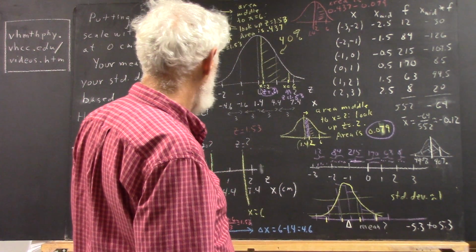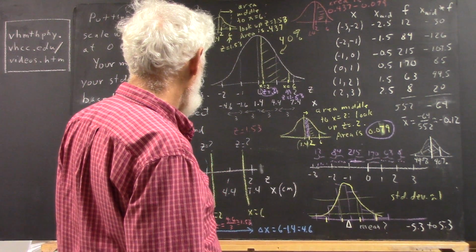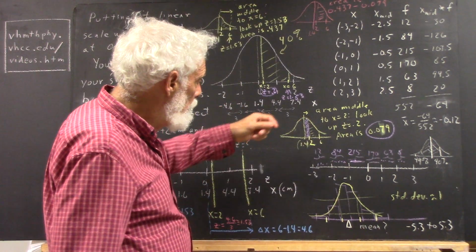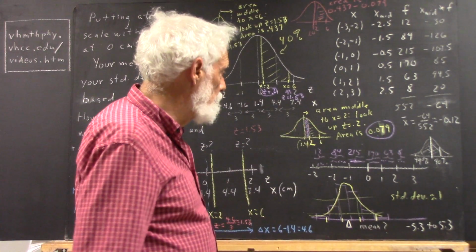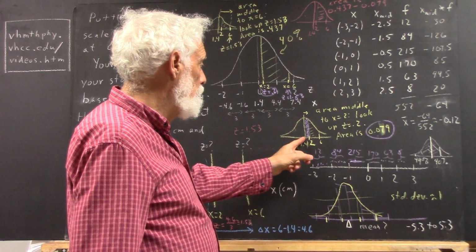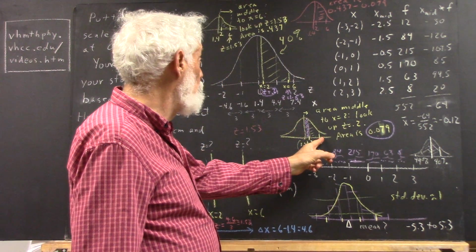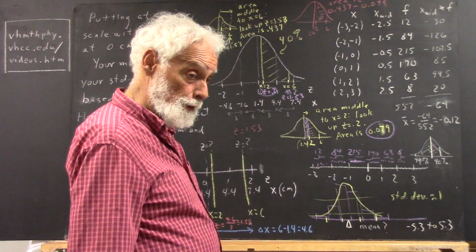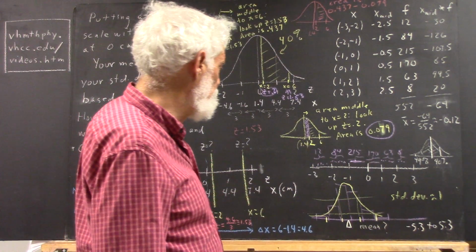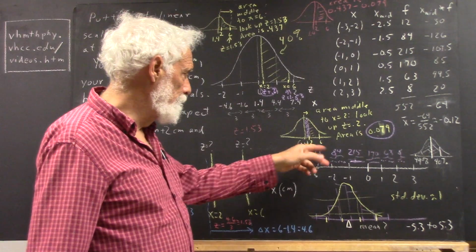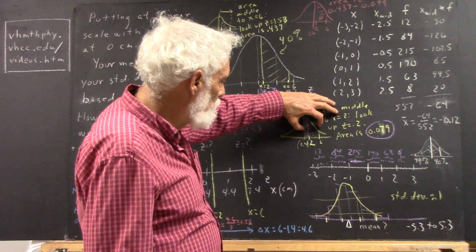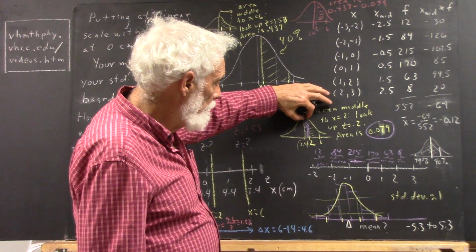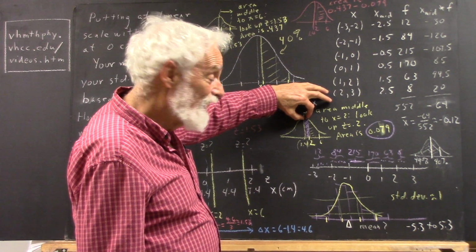So, from the middle to here is 0.079 of the total area. From the middle to here is 0.437 of the total area. I think I might have said 436 once there. Got a 6 in my head. So from here to here is 0.436. From here to here is 0.079.